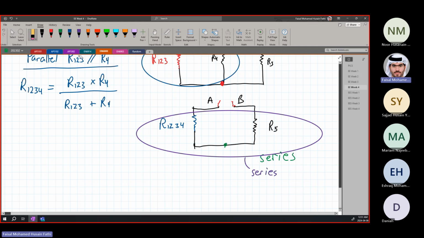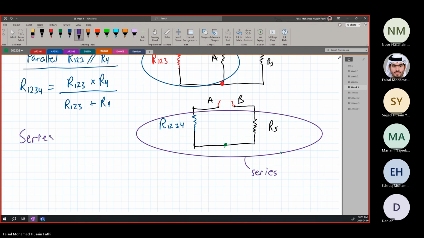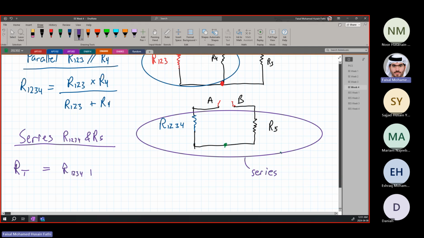Okay, we solve it again in series of R1234 and R5. R total is going to be equal to R1234 plus R5. Yes, and that's R total. So now if we draw the final circuit, it's going to look something like this.